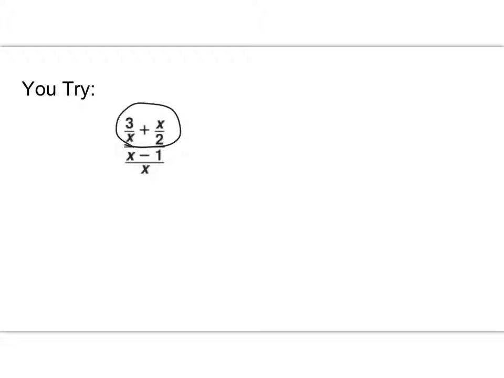All right, so I need to have a common denominator up in this numerator of my complex fraction. I have an x in this denominator and I have a 2 in this denominator. That means that I need to multiply the left side by 2 over 2 and the right side by x over x.